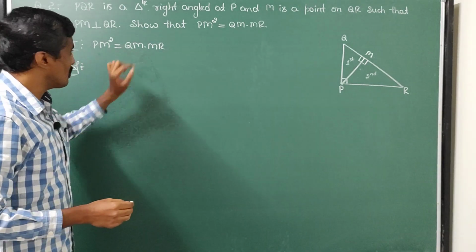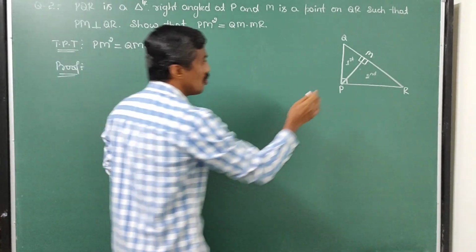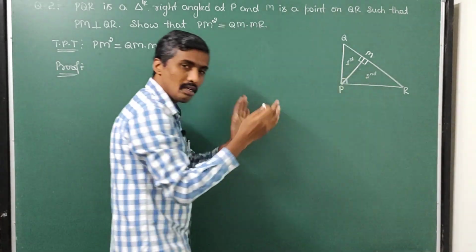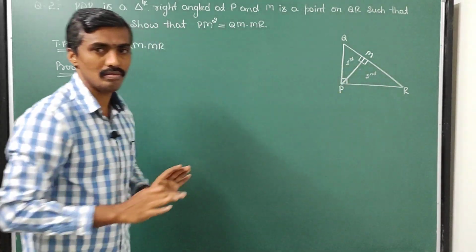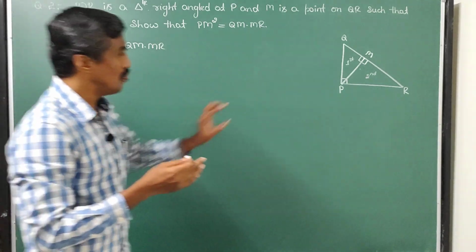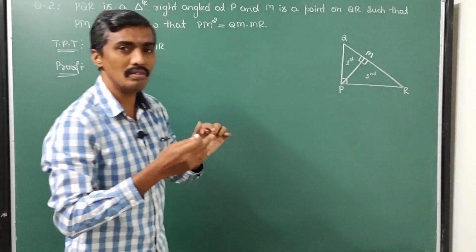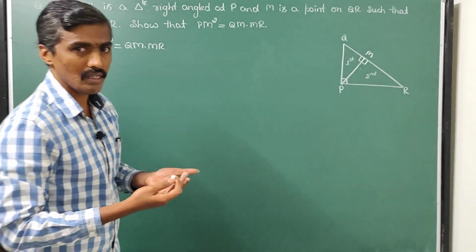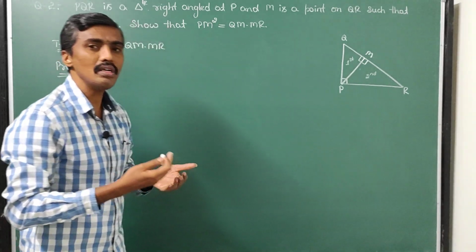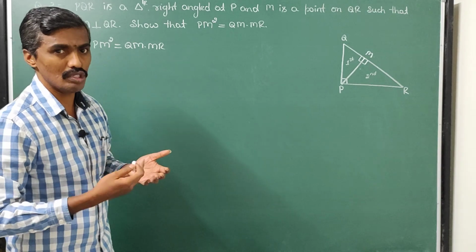So to get this, we have to prove, not maybe, 100% we have to prove, that these two triangles are similar. If the two parts are similar, then we can apply the property of similar triangles, that the corresponding sides are in the same ratio.